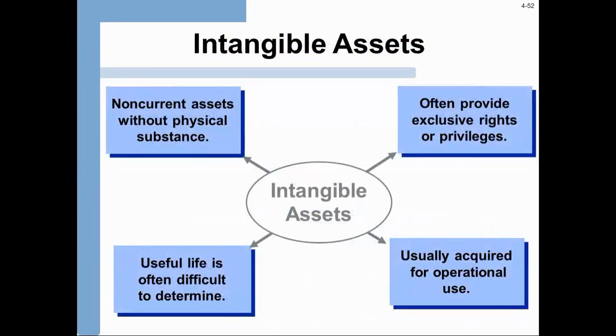We are going to discuss now intangible assets. And the intangible assets, as you already know, include goodwill, patents, copyrights, and other kinds of assets which we cannot touch. These are non-current assets. These often provide exclusive rights or privileges, for example, software copyrights. These also have a useful life.